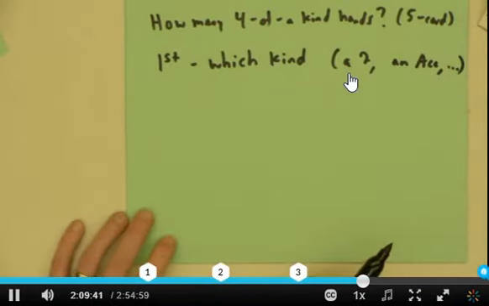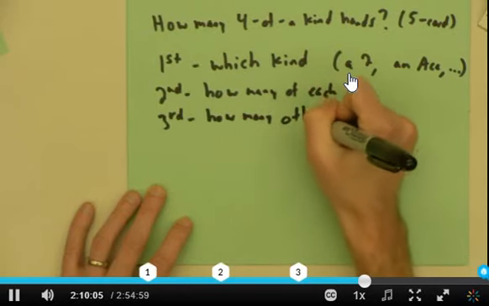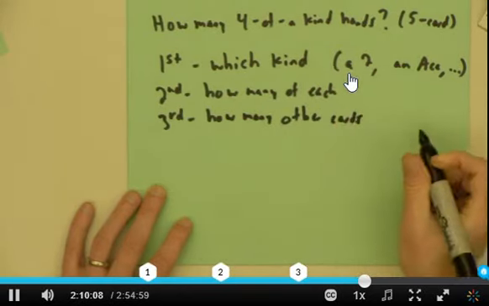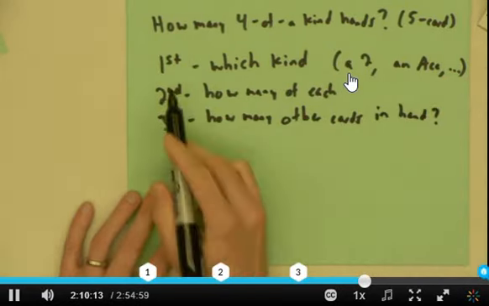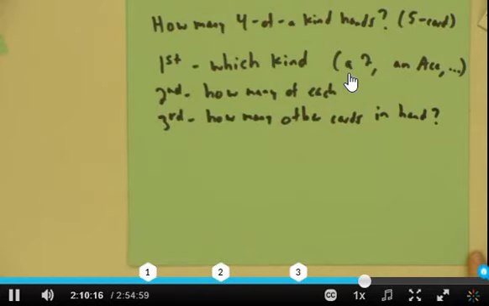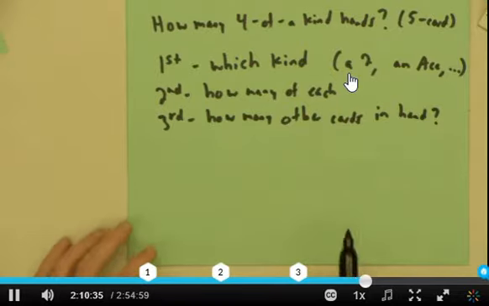And then lastly, I'll figure out how many other cards could be in my hand. Okay. When I put these 3 pieces together, I can actually calculate the probability of any poker hand. It's a little more complicated when I do 3 of a kind because I have to make sure to remove the situation where I have 4 of a kind. If I have 4 of a kind, I do have 3 as well, but we don't usually call that 3 of a kind. We stick with the better hand, 4 of a kind. So that makes it a little complicated. But this hand is unique. I'm not going to see 5 of a kind, so that's okay.